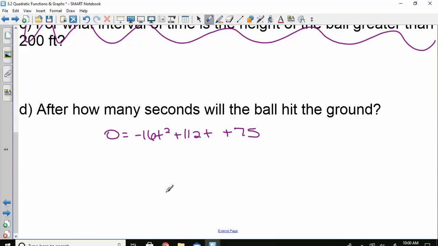Normally we would try factoring, box method. I'm just going to go ahead and tell you it's not going to work on this one. So what other options do we have? If we had any like terms, we would combine them, but we don't because we have a t squared and a t.